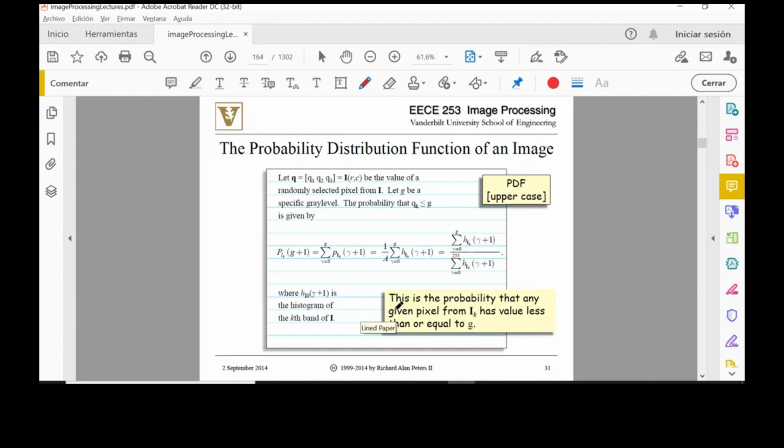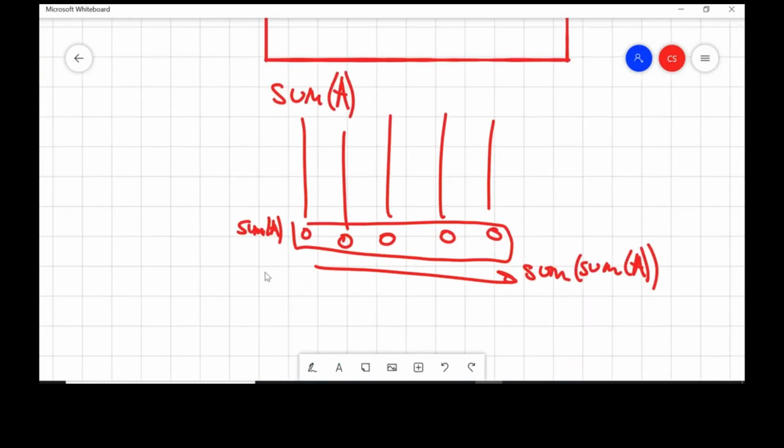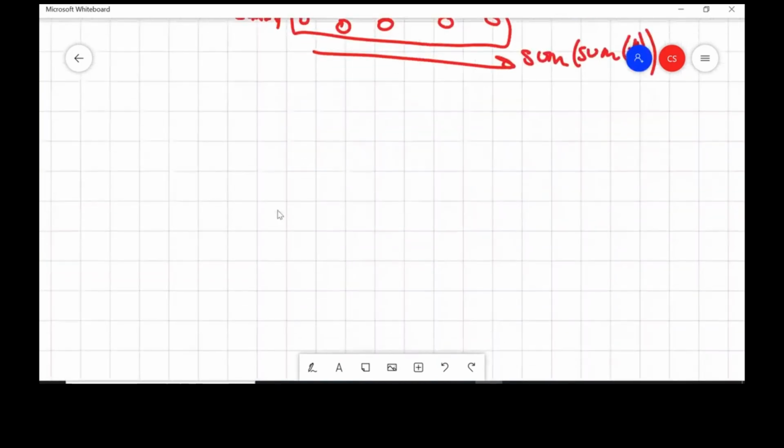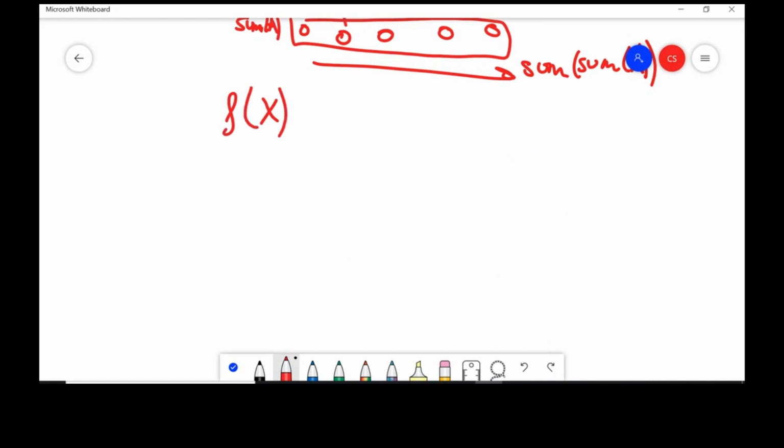Then we can compute something else, which is the cumulative density function. So let's say that I have a random variable x, and I have the probability density function of x. Let's say that x is continuous.